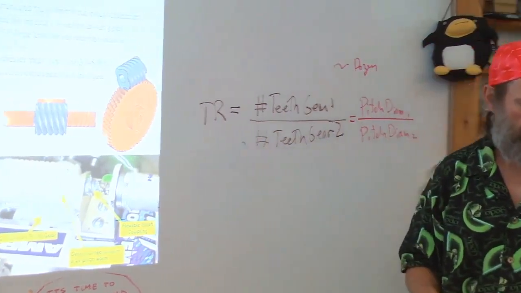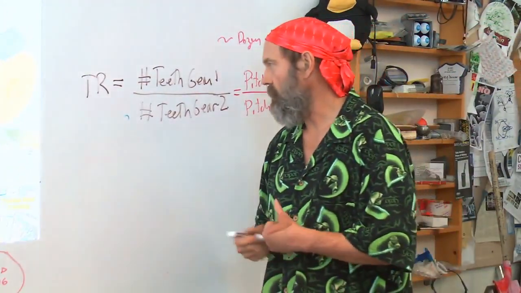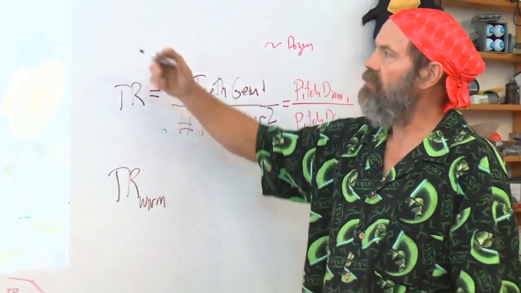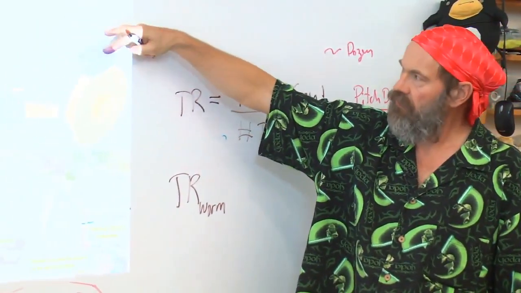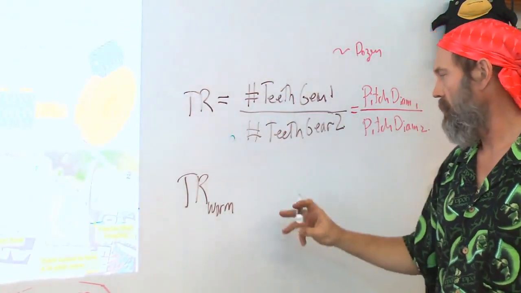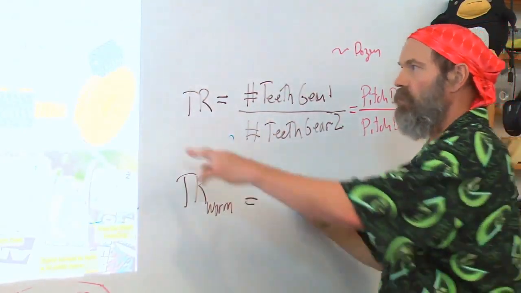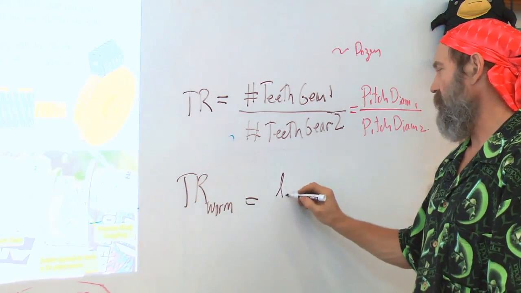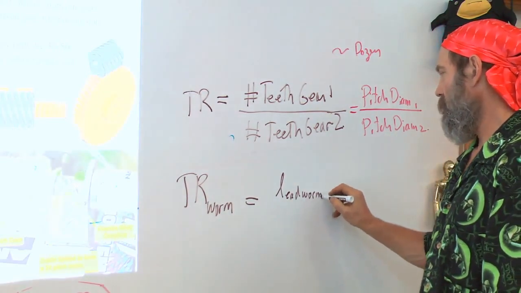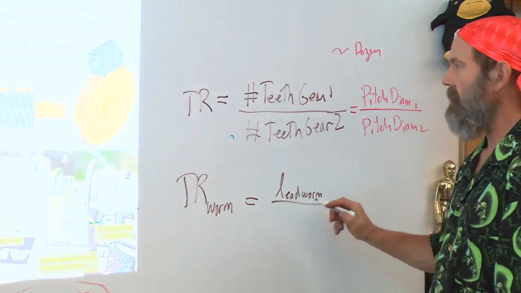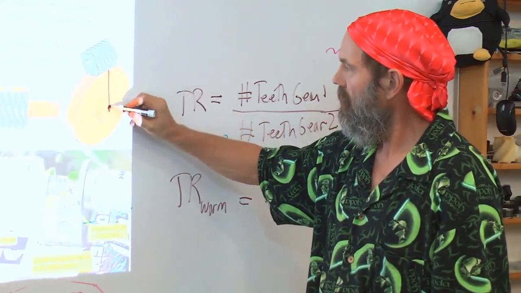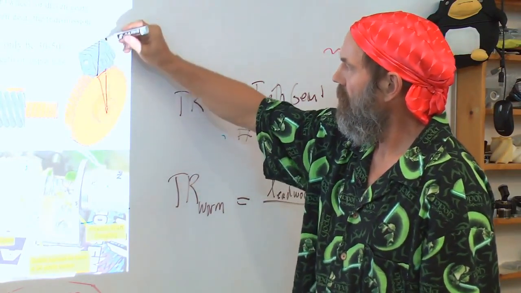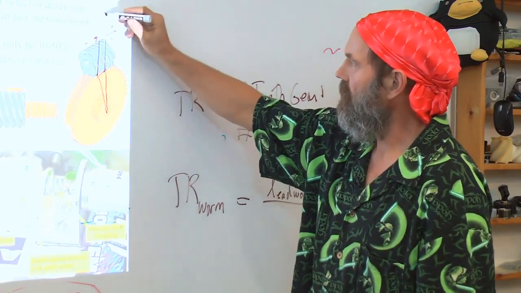So watch what happens, what you can do with respect to the gear ratio. So the transmission ratio for a worm is one revolution of the worm causes a motion at the pitch circle of the worm wheel of the lead of the worm divided by the radius of the worm wheel.